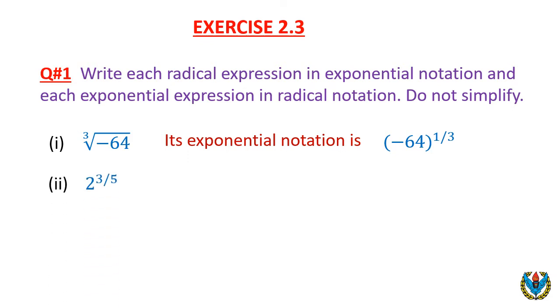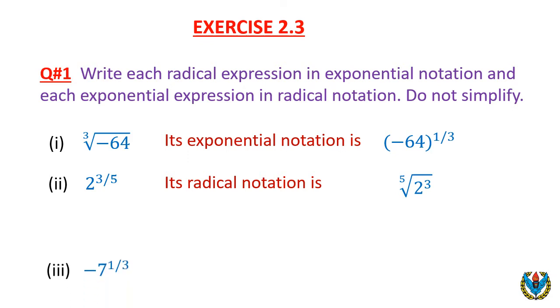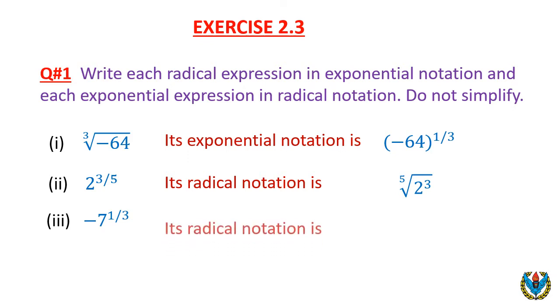Part 2, 2 with power 3 by 5. Its radical notation is square root of 2 power 3 with index 5. Part 3 is minus 7 to the power 1 by 3.